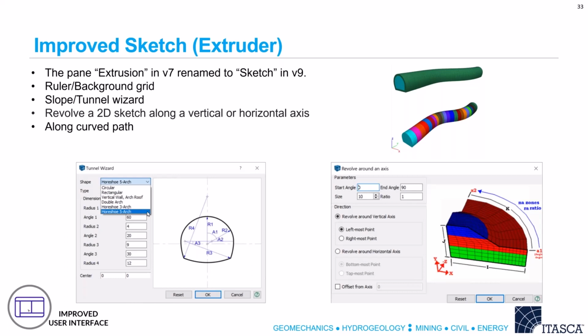We have slope and tunnel wizard, and we can revolve a 2D sketch along a vertical or horizontal axis. And most important, we can extrude the sketch along a curved path. I will show examples later.